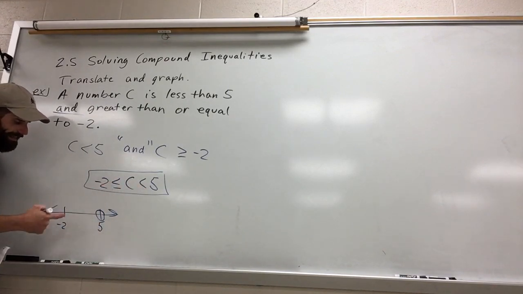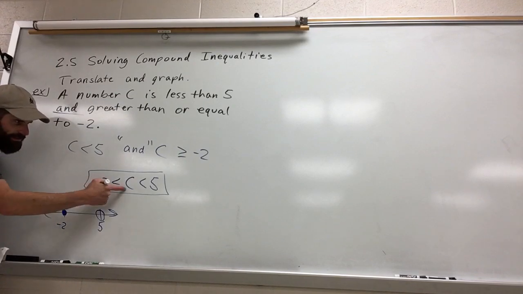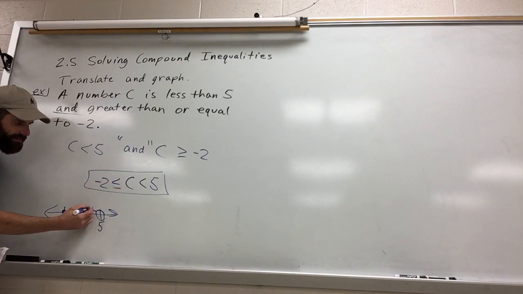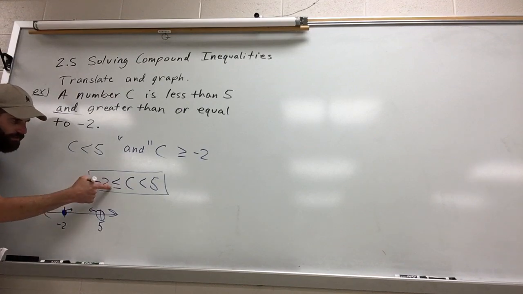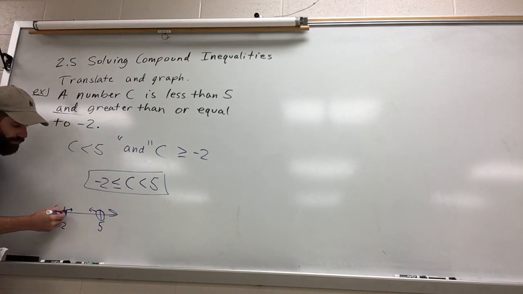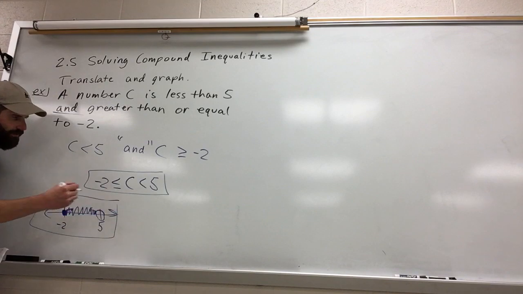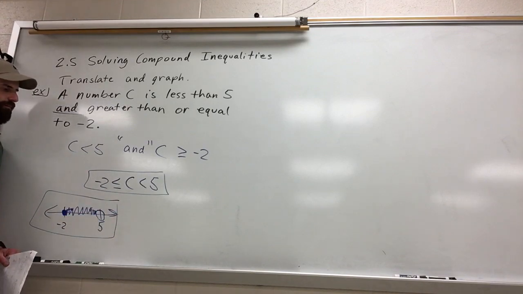Circle or a dot at the -2? Well, it's going to be a dot because of that equal sign. And then C is in between them. C is less than 5. C is greater than or equal to -2. So what we do is we shade in the middle, like so. And that's the graph of a compound and inequality.